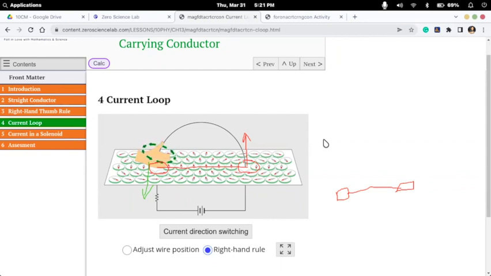Sir, am I audible? Yes, you are audible now. Sir, can you repeat once? Yes, I am repeating. So here it is acting like one magnet. Here this is acting like another magnet. Yes, sir. Okay, they are similar. Now you can see this. Exactly. It is very same, right?